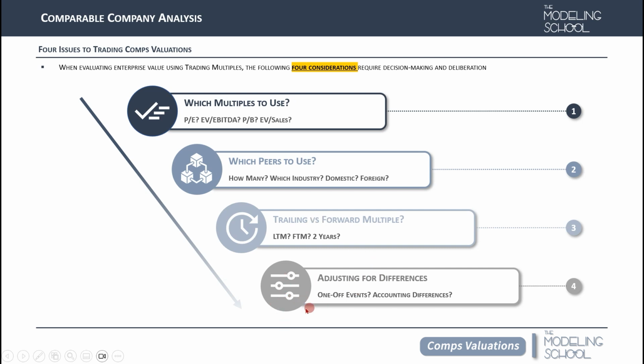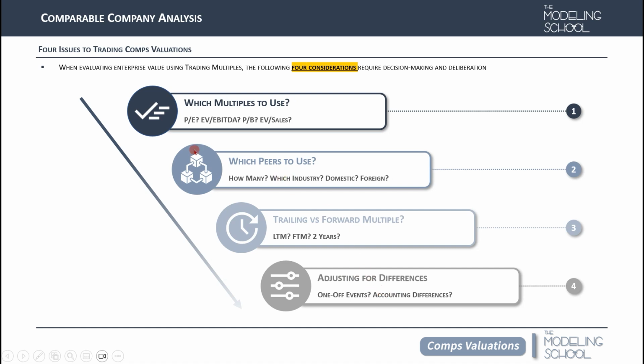In such cases, we might need to adjust the target's financials to the peer companies, or maybe it's going to be the other way around. This process, while very critical, requires significant knowledge and a lot of experience, so I can say that it's very complex.